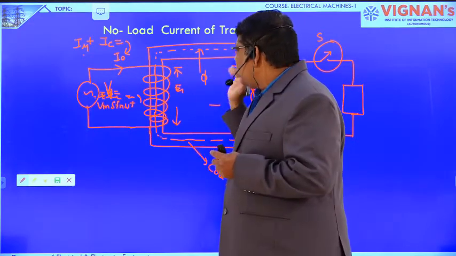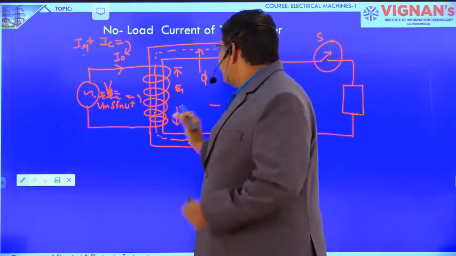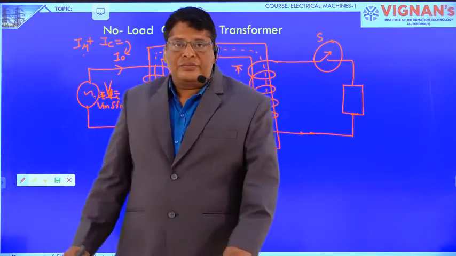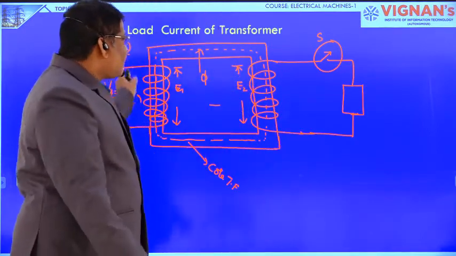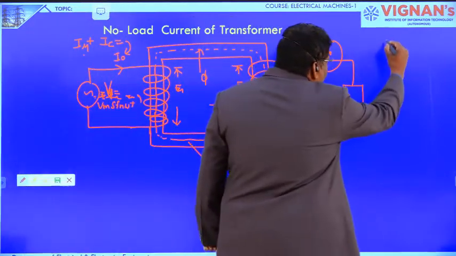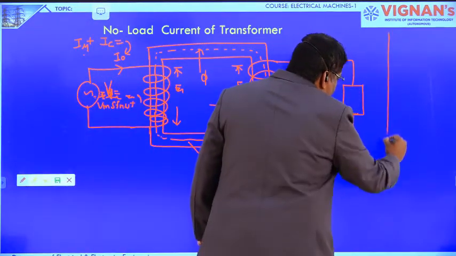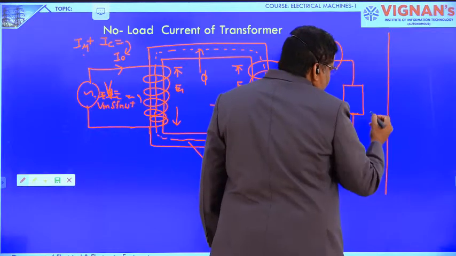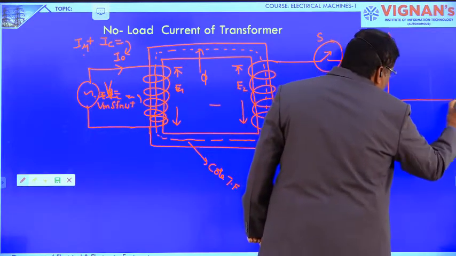Now we are going to draw the phasor diagram of the transformer at no load. To draw it, take the flux on the y axis, this is the y axis, this is the x axis.